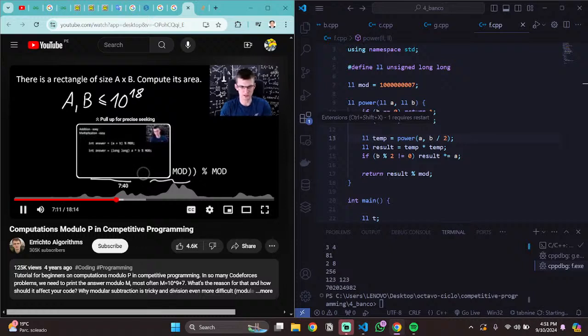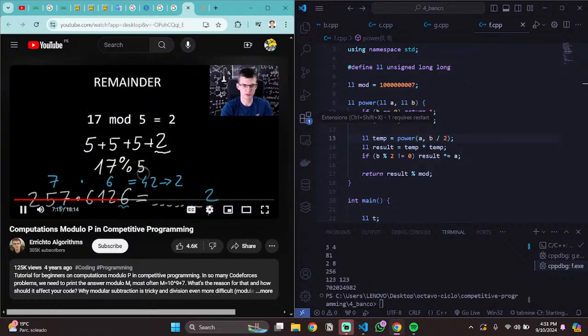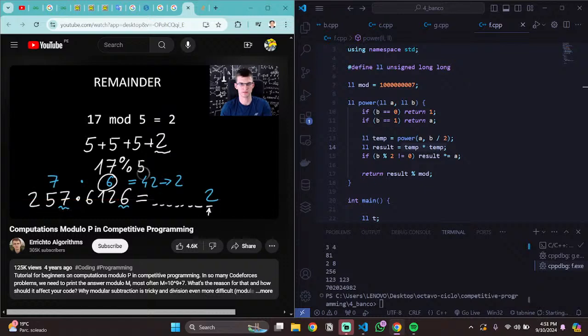This operation, this whole code is the same with what I showed you here at the bottom with 7 and 6.